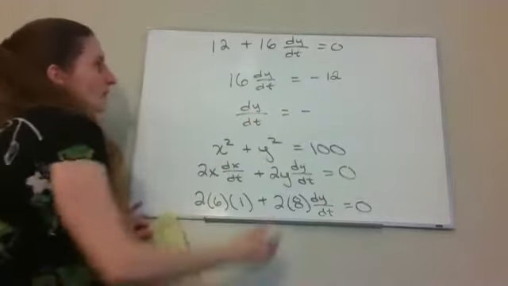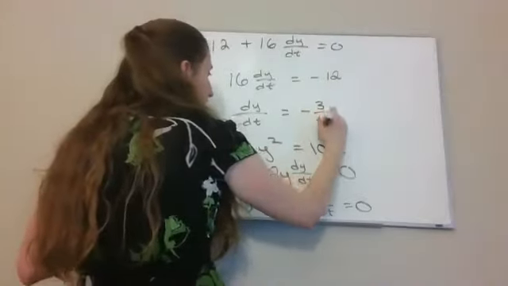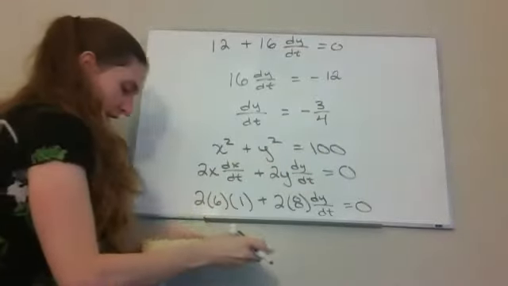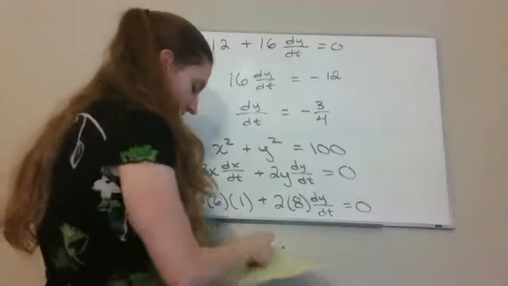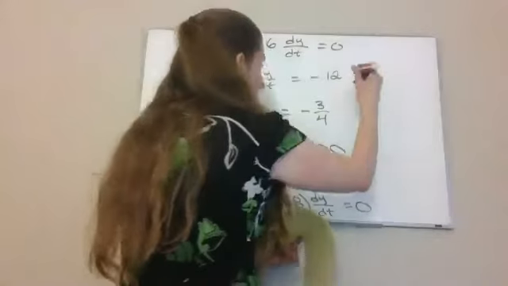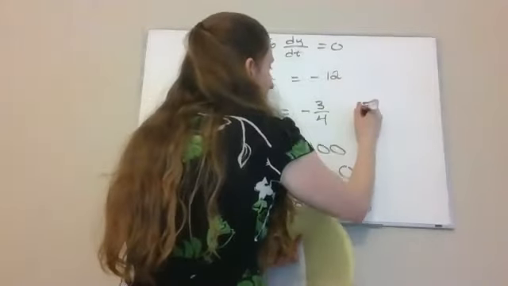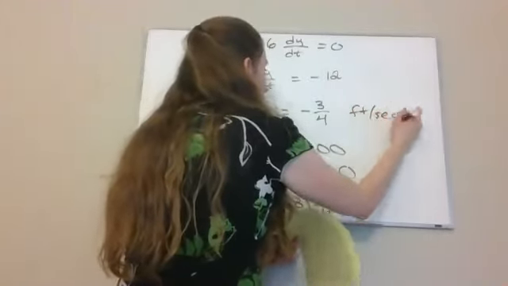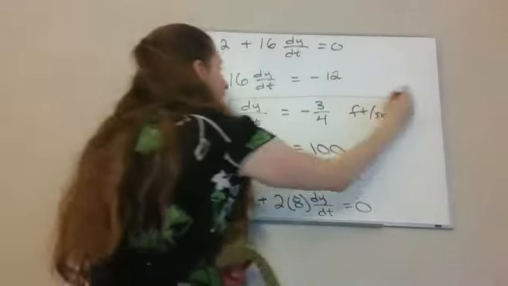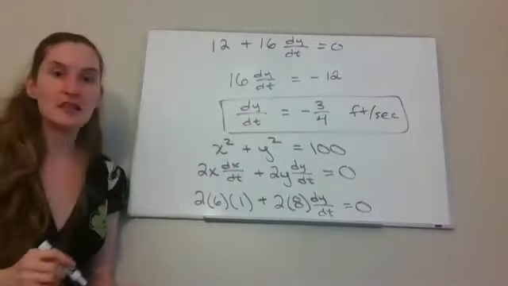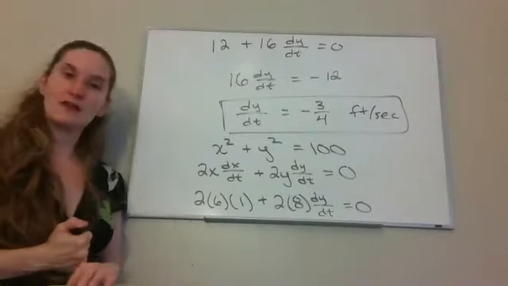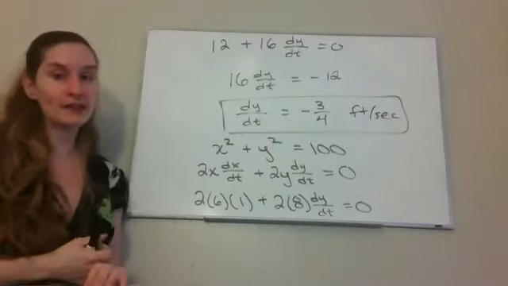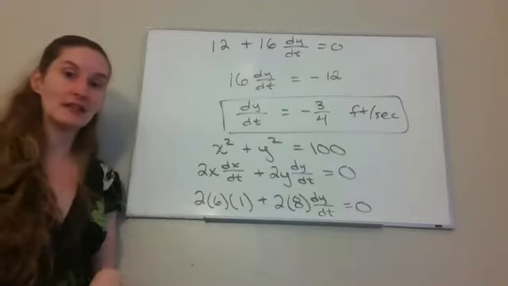And when I reduce that fraction, I get negative 3 over 4. And it's negative 3 over 4 feet per second. And what this means is that the top of the ladder is sliding down the wall at a rate of negative 3/4 feet every single second at that particular instant in time.